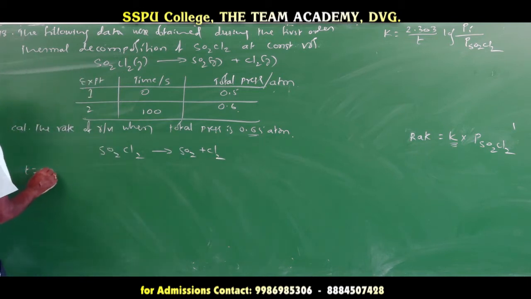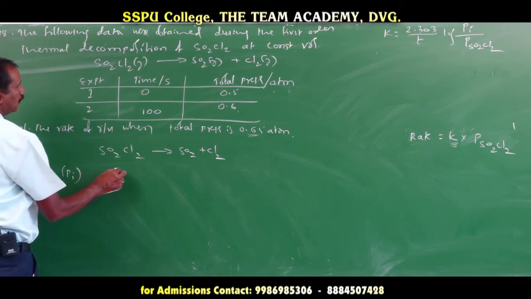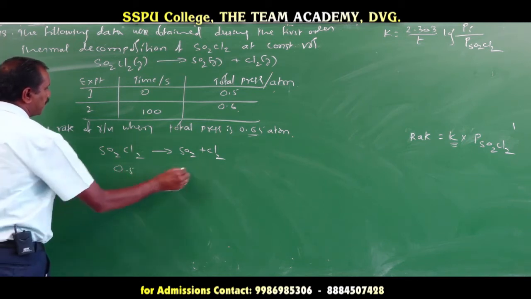When t is 0, the initial pressure, that is Pi, becomes 0.5, and for the products it is 0, 0.